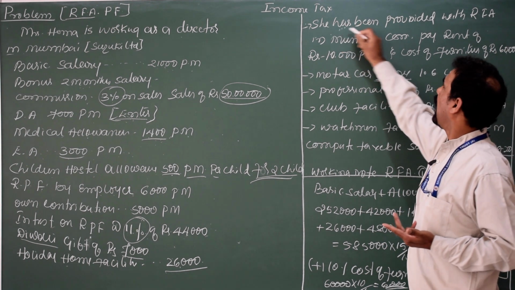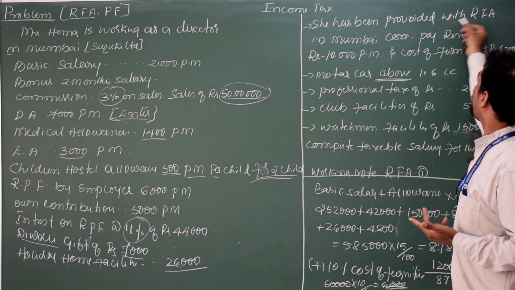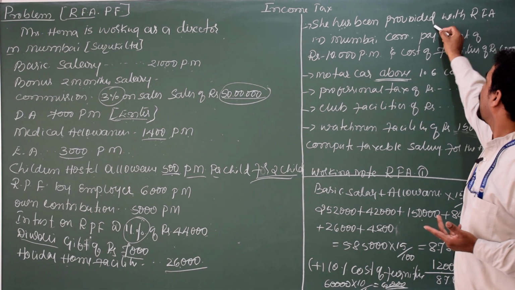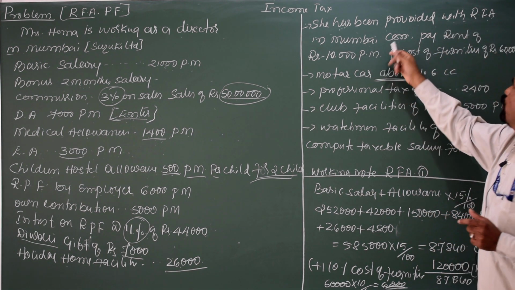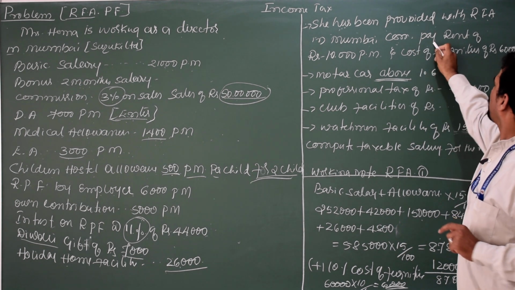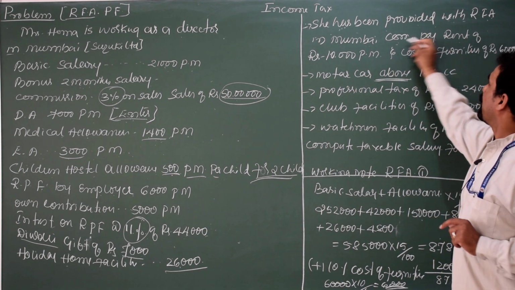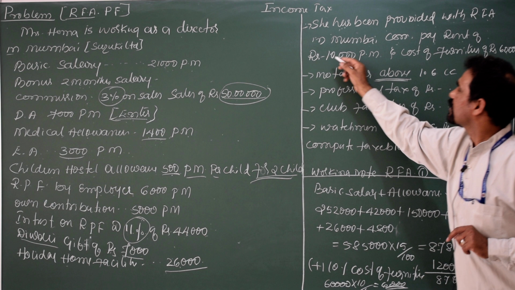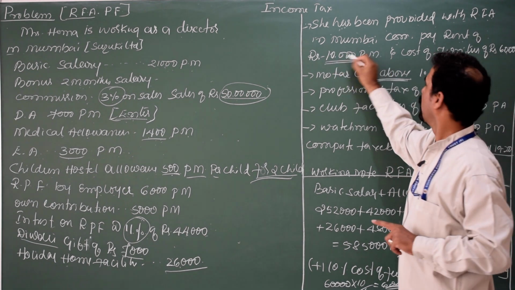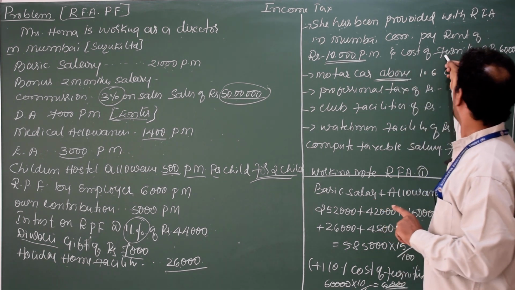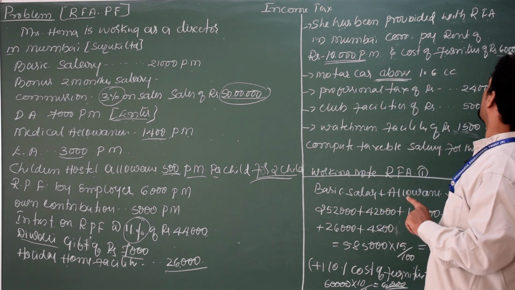Next, see this. She has been provided with RFA, meaning rent free accommodation, in Mumbai. The company pays rent of rupees 10,000 per month, and the cost of furniture is also rupees 60,000.